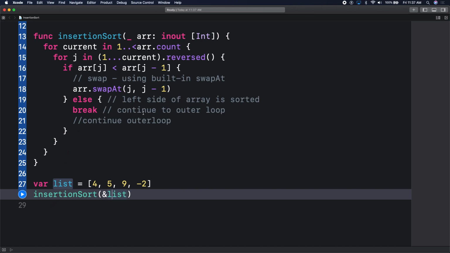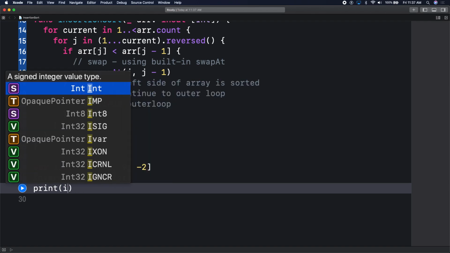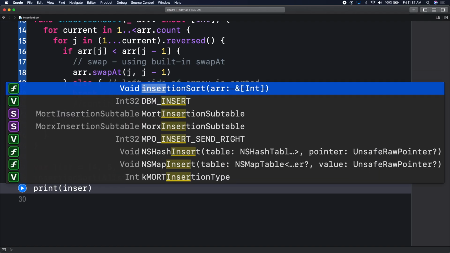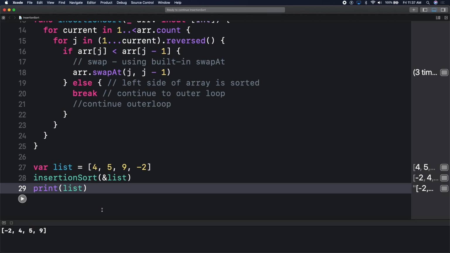Cool. So here we have our insertion sort, and we'll just print the list. And here we have -2, 4, 5, and 9. Okay?